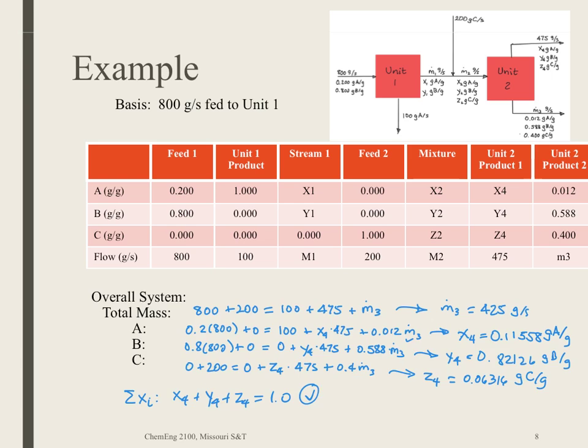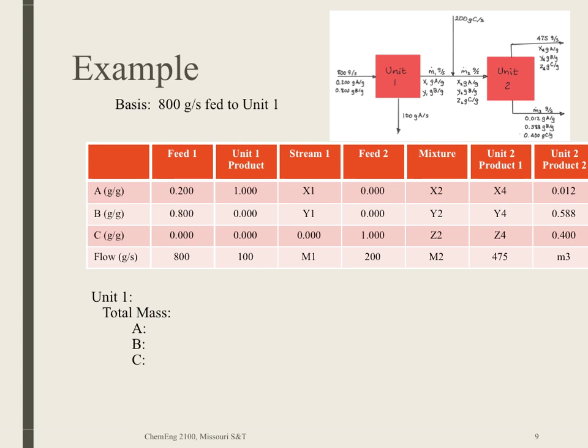Okay, so using the overall system, I've been able to solve for 4 of my unknowns. So let's go on to Unit 1. That was the other one I said was a good starting point. So Unit 1 says that 800 grams per second enter, 100 plus M1 exit. Again, I can solve this directly for M dot 1.